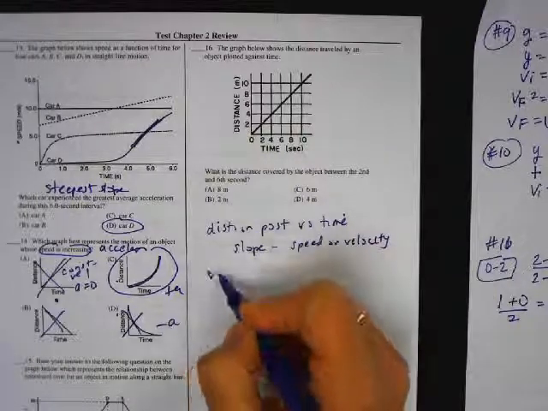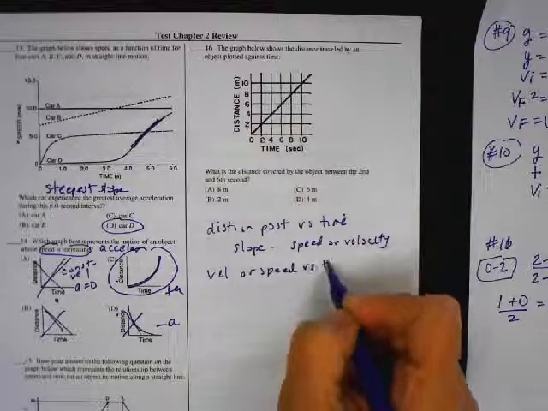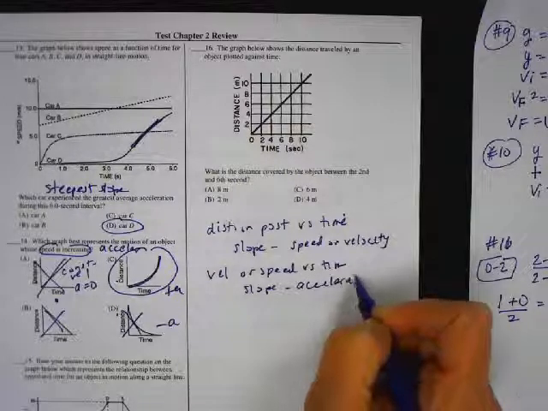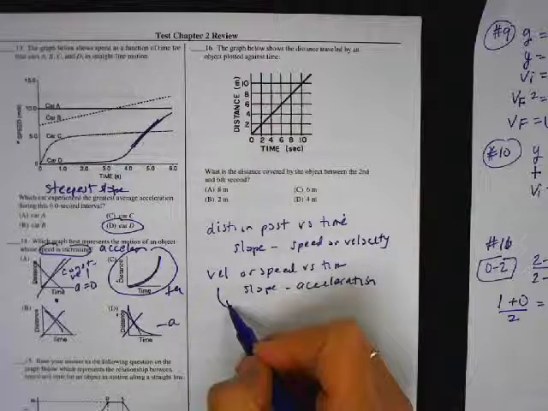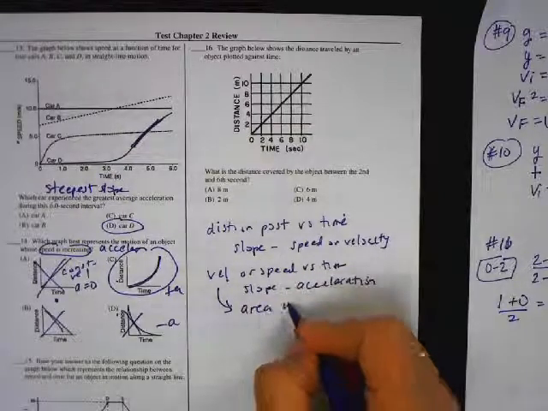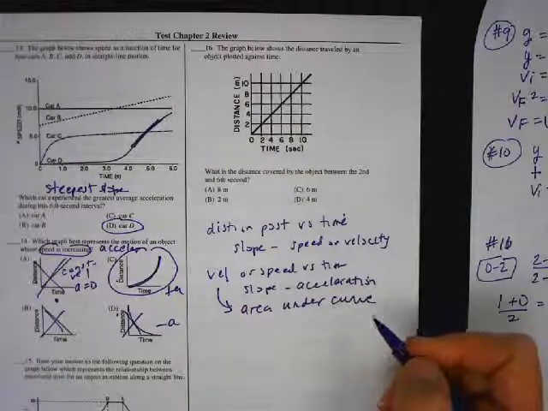If it's a velocity or speed versus time graph, the slope is acceleration. And then we also know on this type of graph, for velocity or speed versus time graph, that the area under the curve is going to be either distance or displacement.